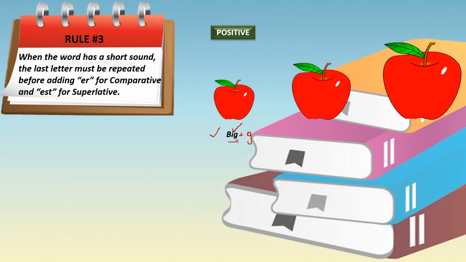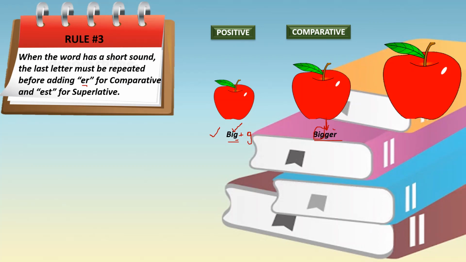So for comparative, the suffix we use is ER. So the comparative form of big would be bigger. See here, we have the main adjective big, we have the extra G, and then for comparative we have added the suffix ER.